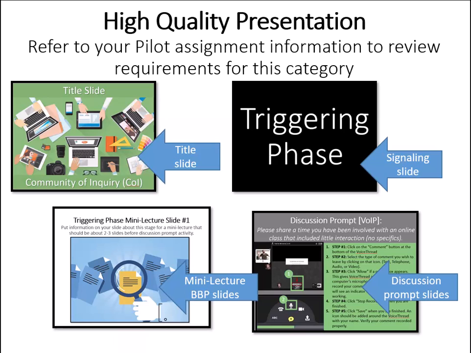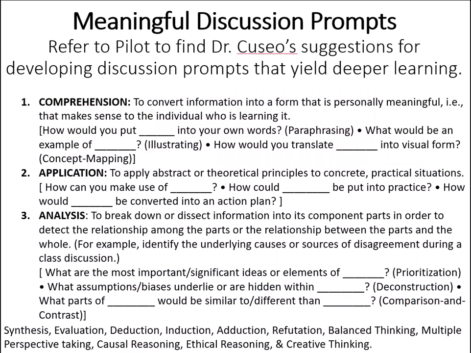There should be a signaling slide that has a black background and white text that identifies each section. There should be many lecture slides designed using the Beyond bullet point design. Lastly, there should be discussion prompt slides that include the prompt and directions for completion. Refer to your pilot assignment information to review the requirements for this category.